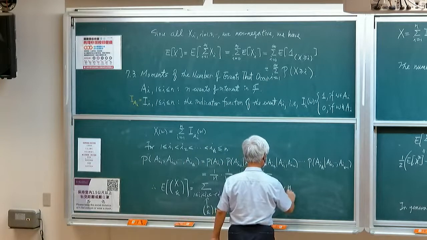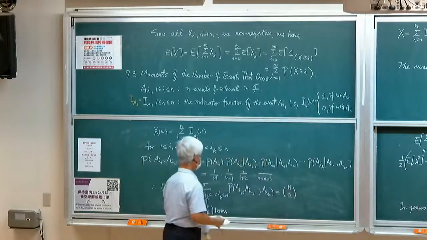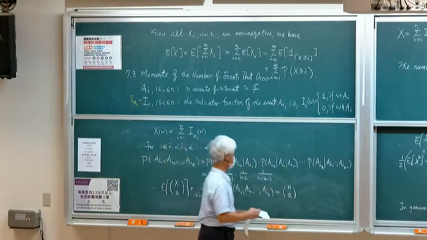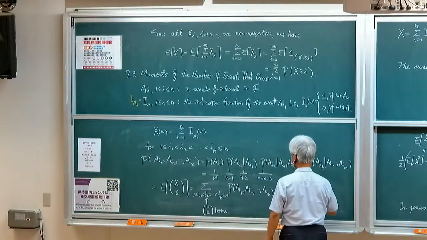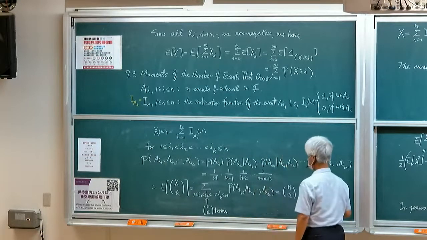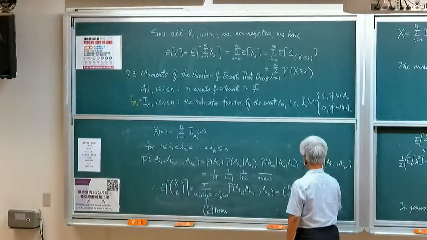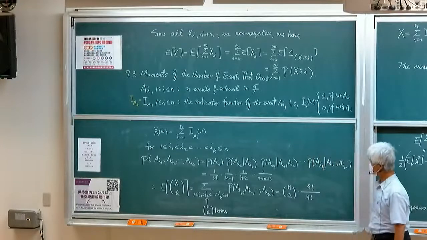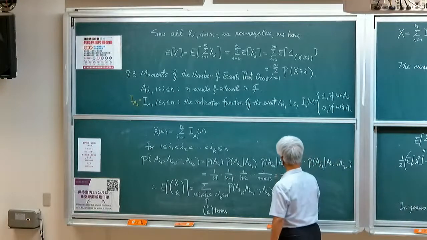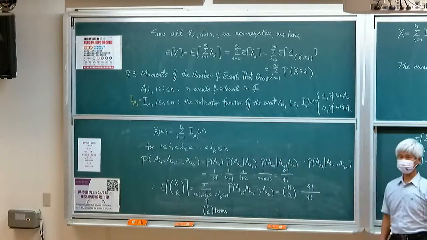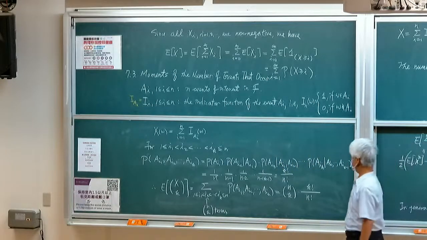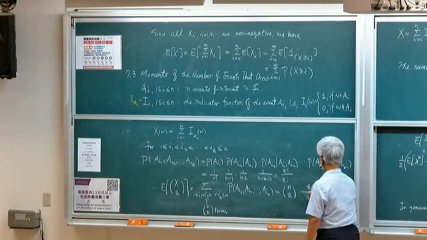So we have n select k terms, and each term has this number, which is (n minus k) factorial over n factorial. And so here, n factorial.